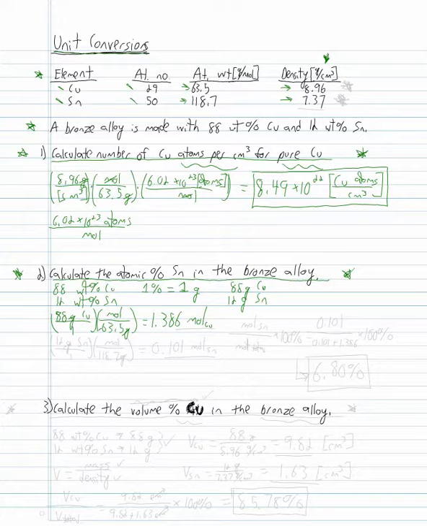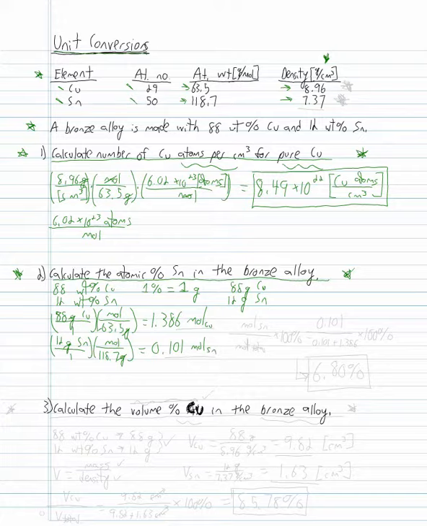We're going to do the same thing for the tin. So we have 12 grams of tin, and the atomic weight, seen from the above table, is 118.7 grams per mole. So the grams cancel out, and we get the answer of 0.101 moles of tin.